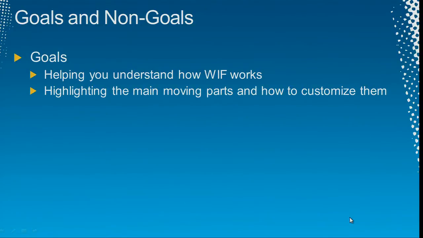So my goal today is to help you understand what makes Windows Identity Foundation tick. This is a deep dive. This is a 300, so I'm not going to pull out the compiler. But still, it's a deep dive, so I assume that you are interested in understanding how this stuff works.